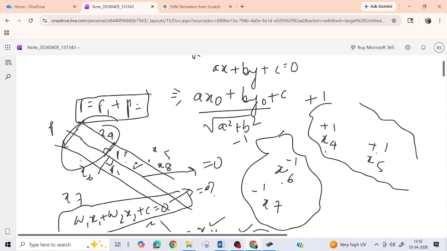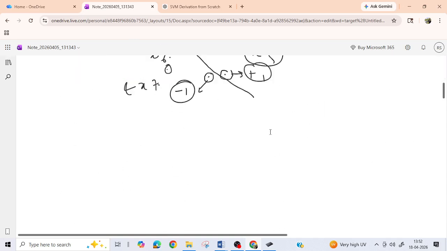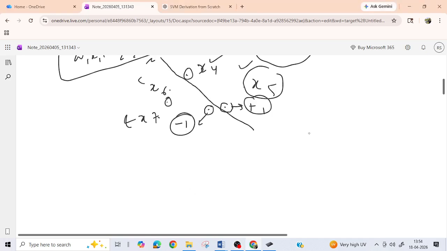This decision boundary, therefore, we say that we are not just happy with the decision boundary being w1 x1 plus w2 x2 plus c. So the idea was, let me redraw this, x4, x5, x6 and x7.